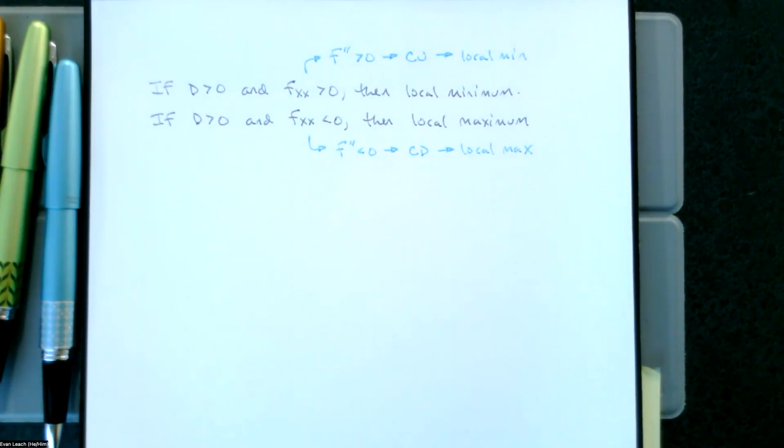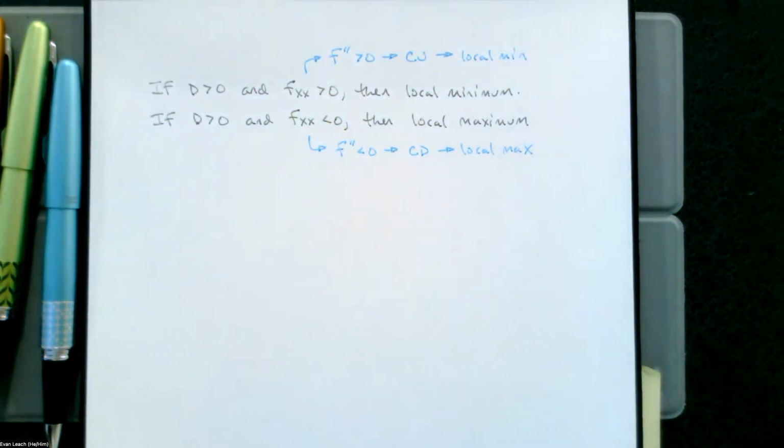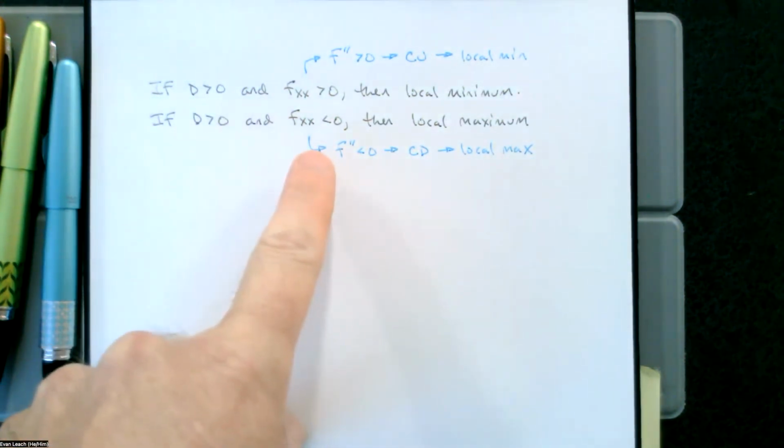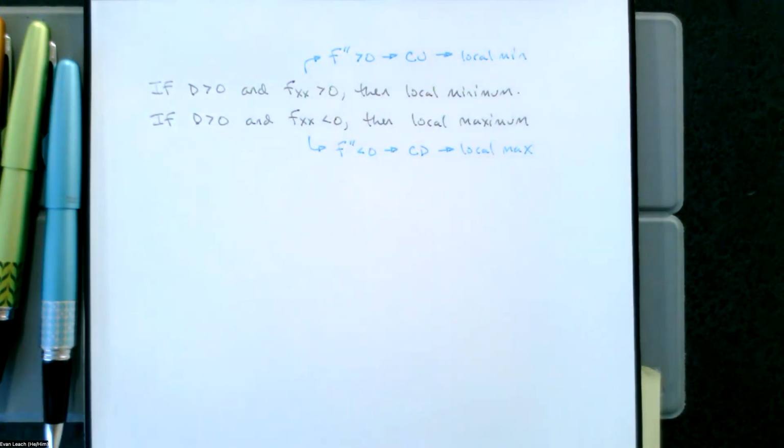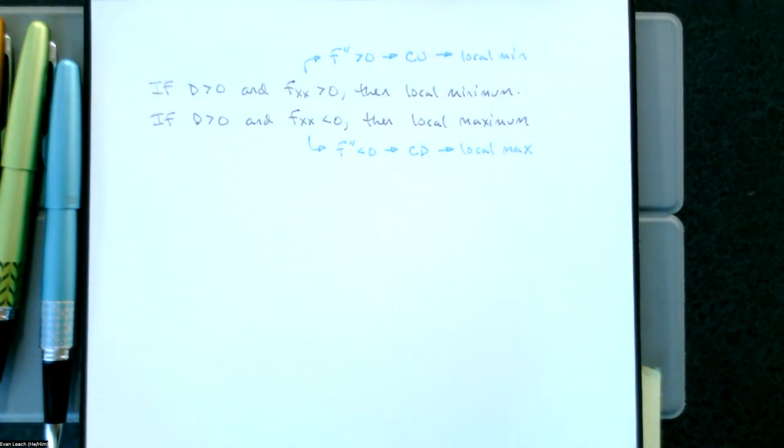That determinant is positive, and fxx is positive, or fxx is negative. So we only get to do this one if this one is also the case. So we also have to consider what happens if that D calculation is negative.